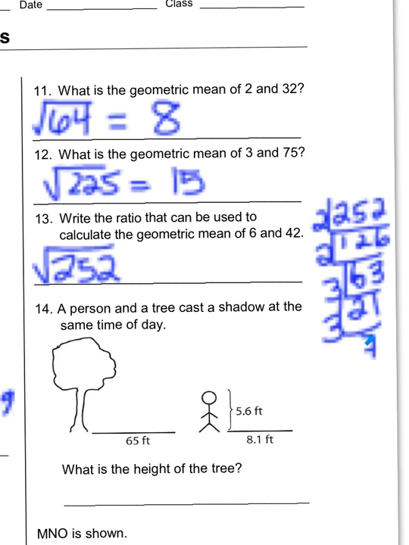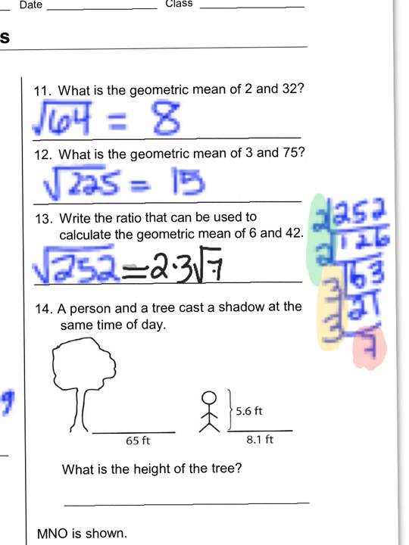So now what I want to do is look at the outer numbers here. I want to see if I have any pairs. So I have a pair of 2's, and I also have a pair of 3's. But 7 is not a pair, so we're going to leave that off to the side. Okay, so now when I take the numbers out, they end up being a 2 times a 3, and then the square root of the 7.